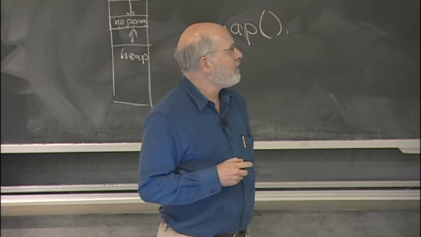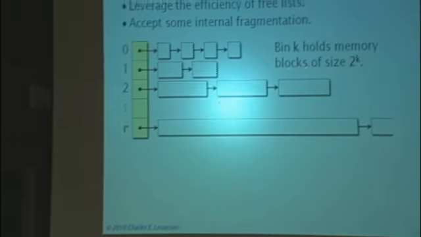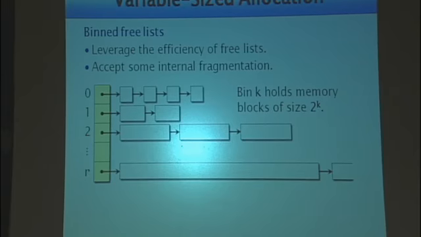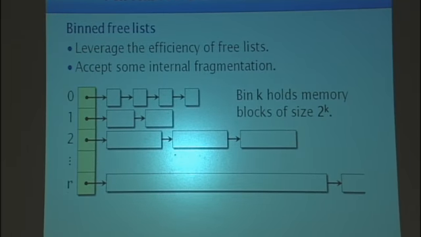And in particular, what we'll do is we'll organize our system so that all the blocks that we ever give out are always a size of power of 2. In practice, you don't always give out exactly a power of 2 because then you get cache alignment problems. But this is the basic scheme, okay, is to give out things that are powers of 2. And that way, so if somebody asks for something that has 13 bytes, you give them 16 bytes.